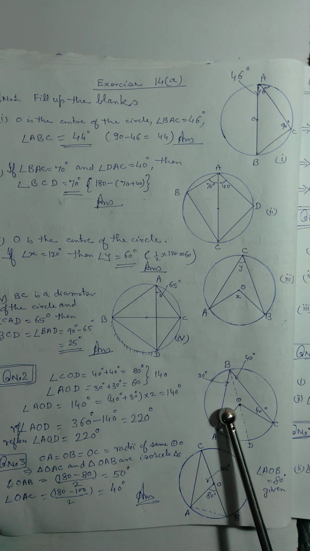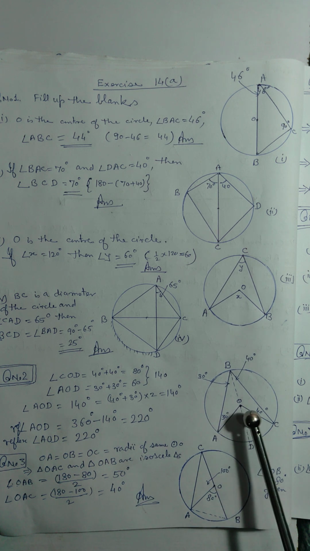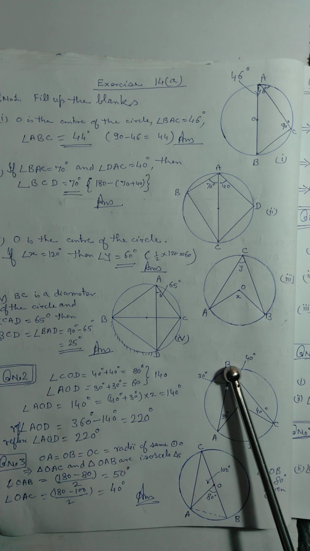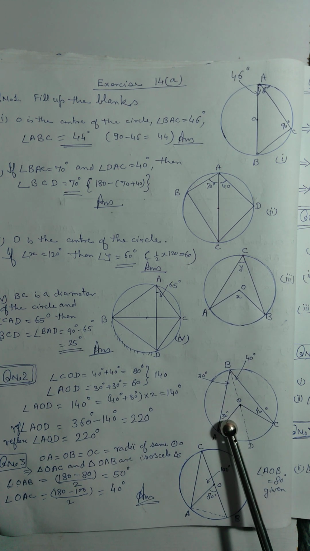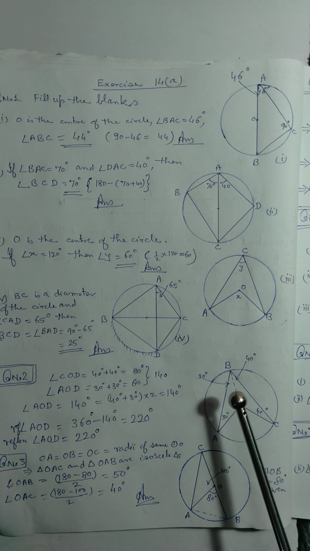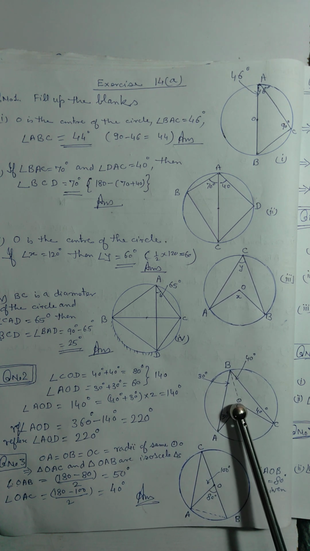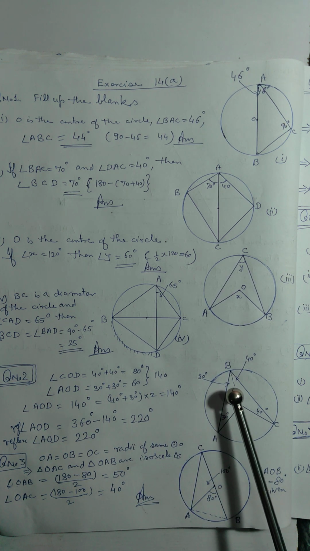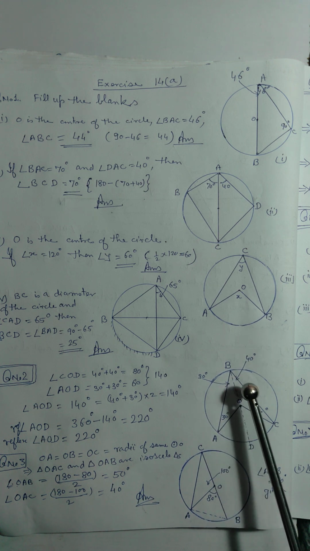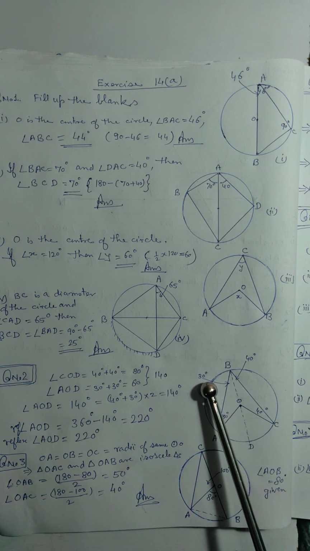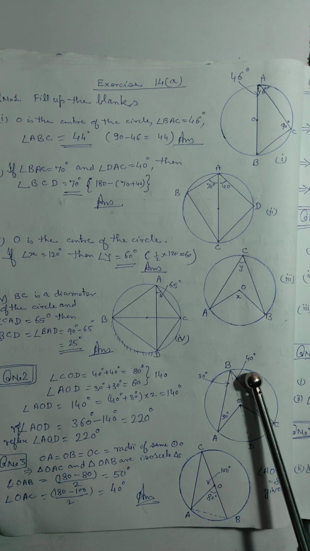So in this isosceles triangle, OB is equal to OA. Hence, the 30 degrees will also be equal to OBA. Now we have got these 30 and 40 degrees.